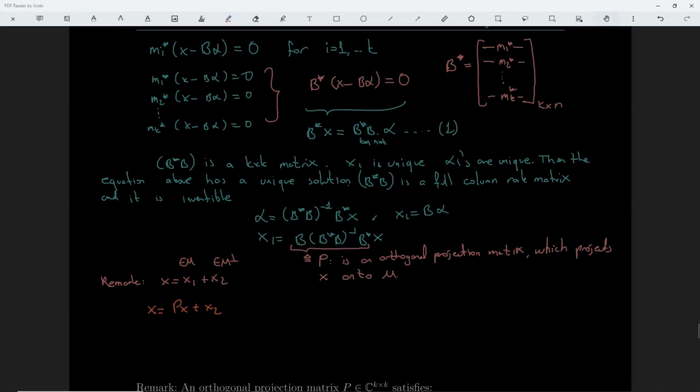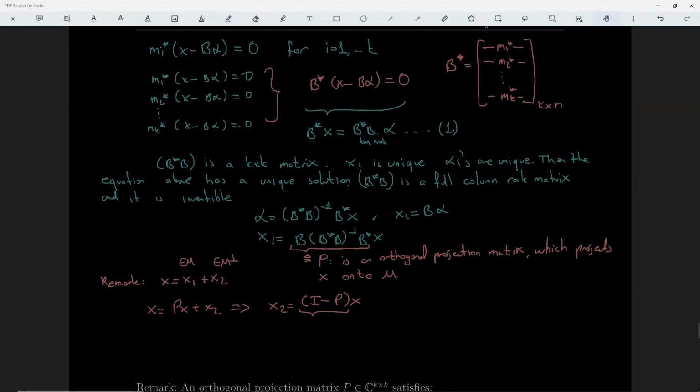Okay. Then from there, I can say that x2 is equal to identity matrix minus P times X. Okay. And now I do have another projection matrix which projects the given vector X onto M orthogonal complement.